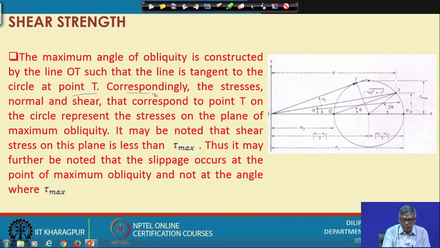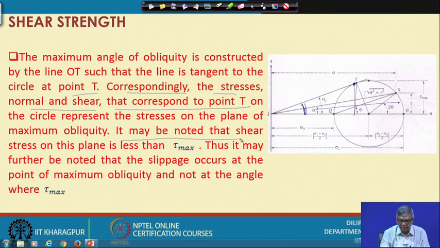The normal and shear stresses correspond to the point T. So at this point we can get the normal stress and shear stress, the stresses on the plane of maximum obliquity, the angle of maximum obliquity. What the shear stress is and what the normal stress is, I can find out by drawing a tangent on the circle.